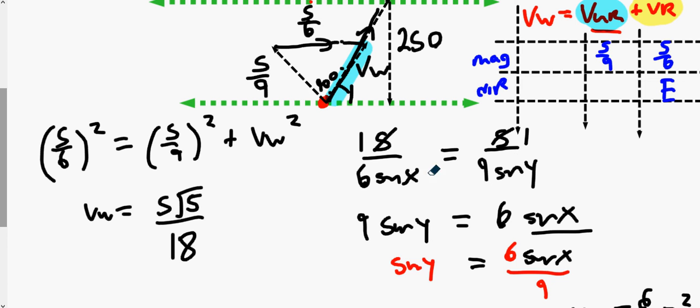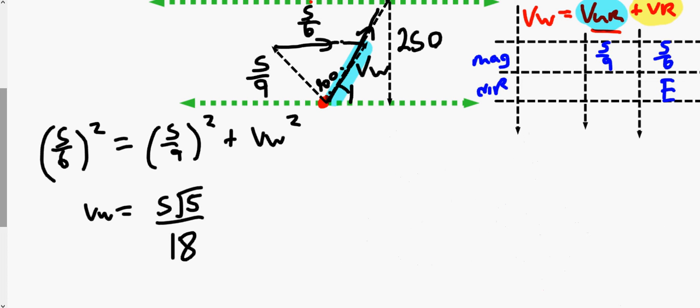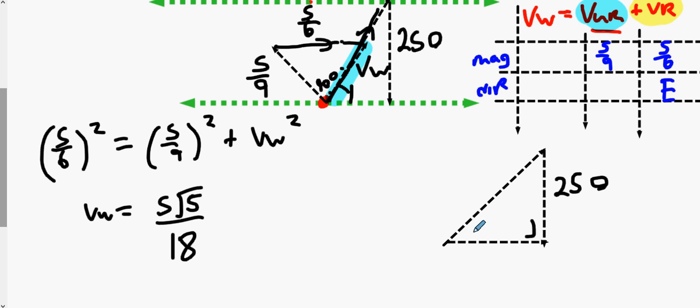So this is angle y, and sine y is 2/3, and we can find out the entire distance d that the woman covered as she got swept downstream, and it's in the same direction as her VW.